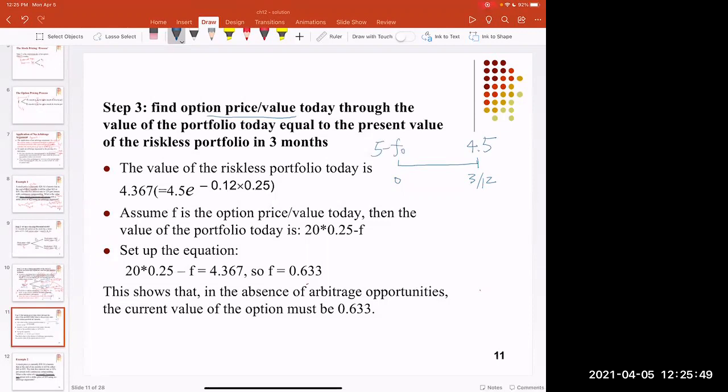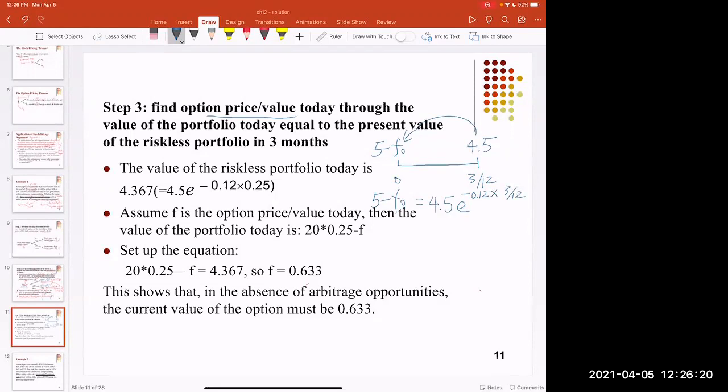To set up the equation, the left-hand side is the value today. And the right-hand side, we calculate the present value of 4.5. For continuous discounting, we do exponential of negative interest rate 12%, 0.12, times 3 months, 3/12. Okay, so we set up the equation.